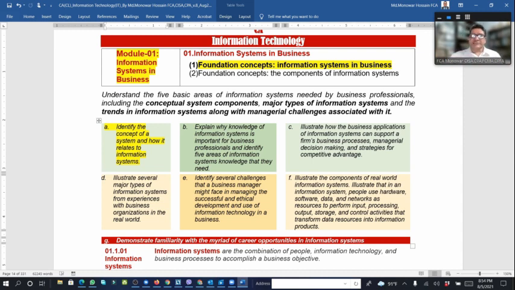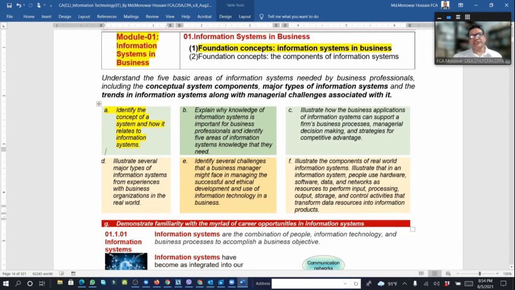We will also understand how the business applications of information systems can support a company's business processes, managerial decision making, and strategy for competitive advantage. And we have to understand several major types of information systems, several challenges for business managers, and the components of real-world information systems. So that is the basic idea.